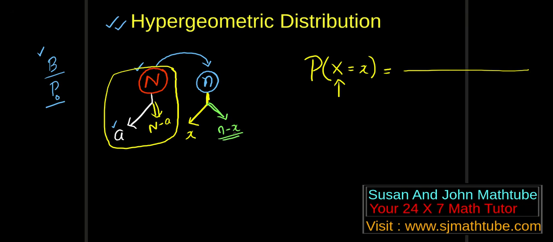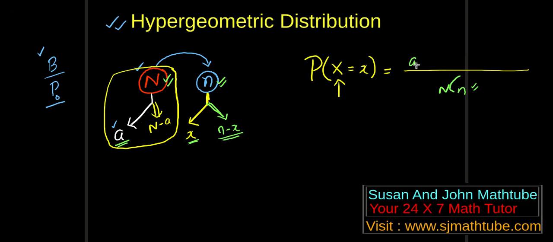Okay, now let's write the probability. You had capital N number of items and you're going to select small n. So the denominator is going to be N C n. Because you have N items and you selected n, and all the possibilities are given by NCn. Okay, now A has special properties and you're going to select x.